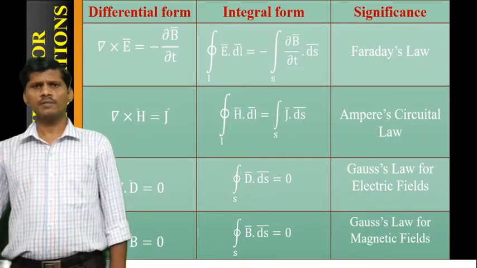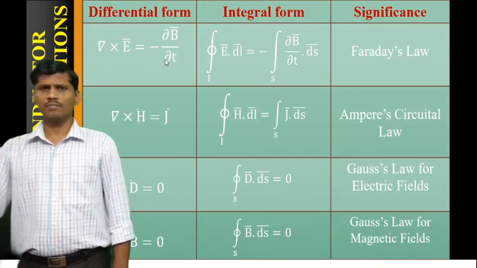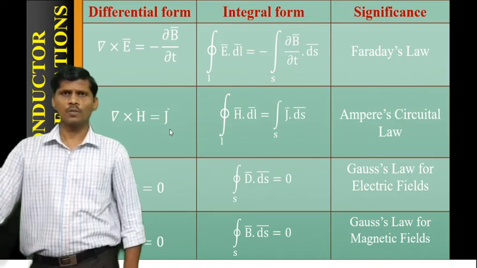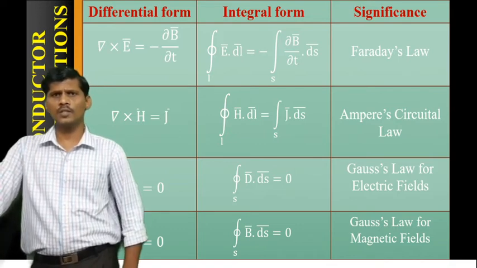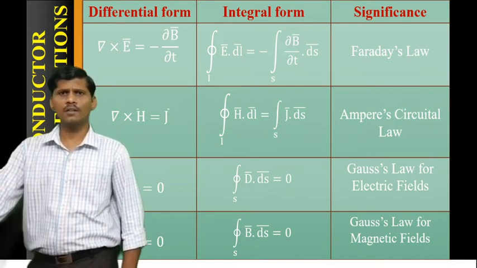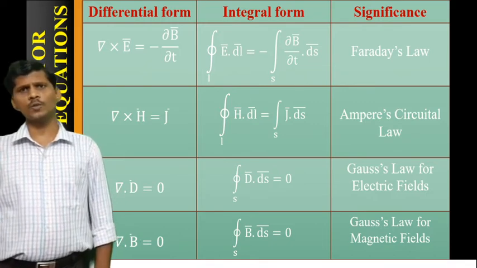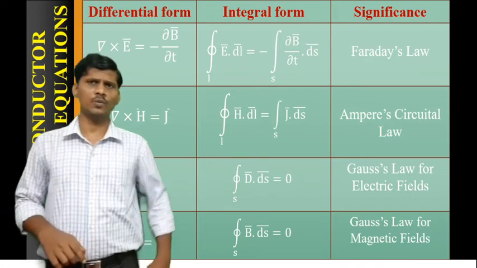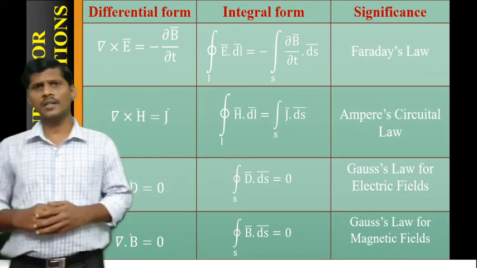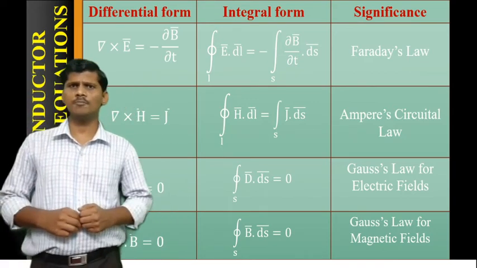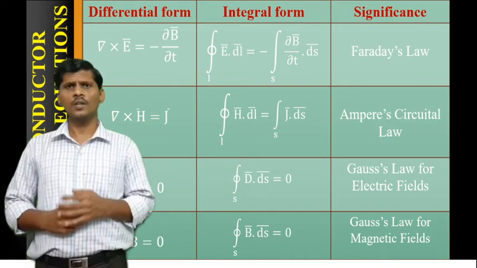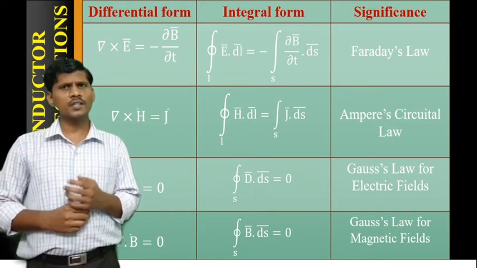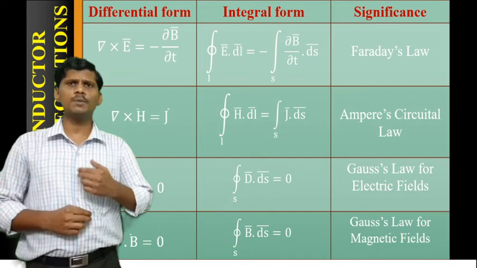The first expression is the same, and the second expression. What is the time varying field Maxwell equation? Second expression: del cross H bar is equal to J bar plus dou D bar by dou t. What is the first term? Conduction current density. What is the second term? Displacement current density. For a good conductor, the condition is that conduction current density is more than the displacement current density.